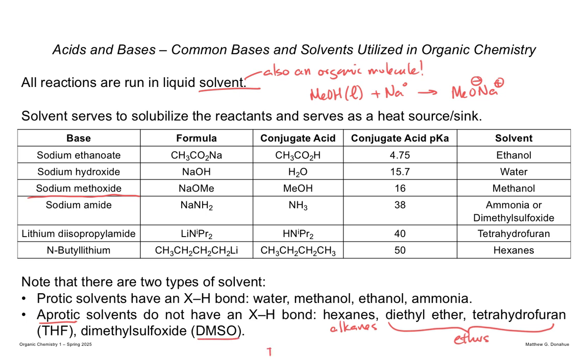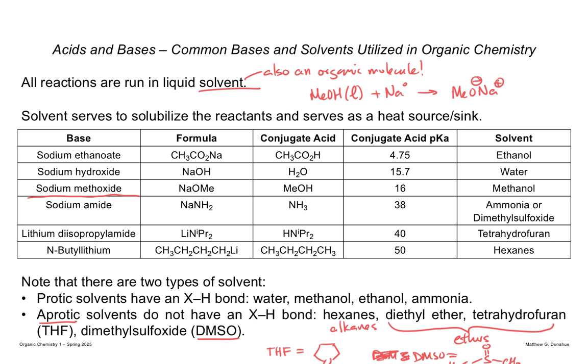So THF, it's a cyclic ether. DMSO is a sulfoxide.